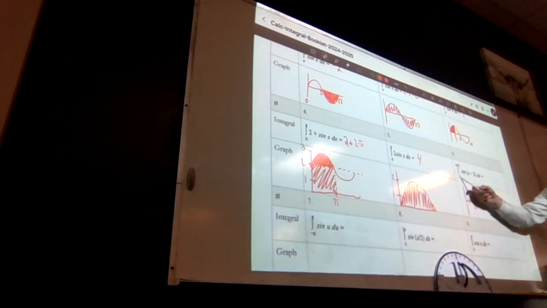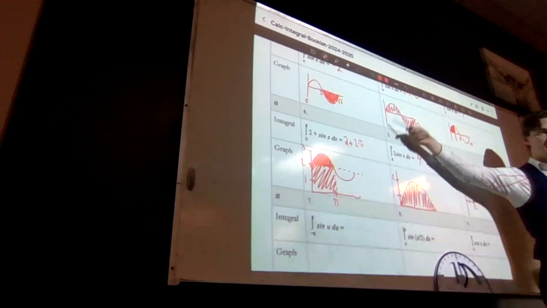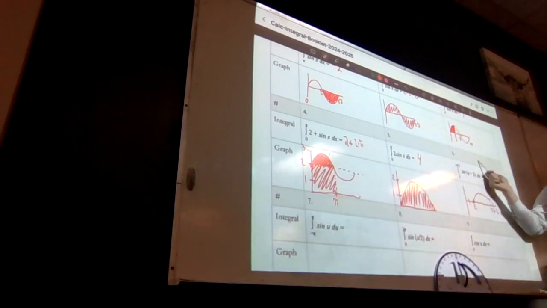How much did we move here? We went from 2 to pi plus 2. So what's the difference in between these two? Pi. So wait, isn't that just going to be the same as all of this in the beginning? So what would the answer to number 6 be? 2. It's just going to be 2, right?